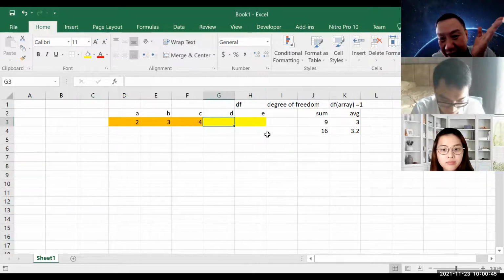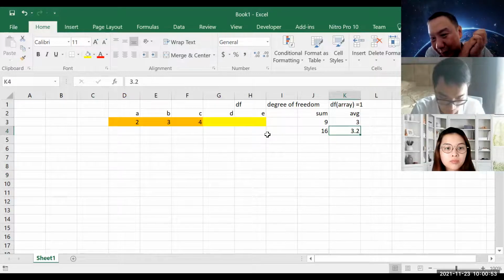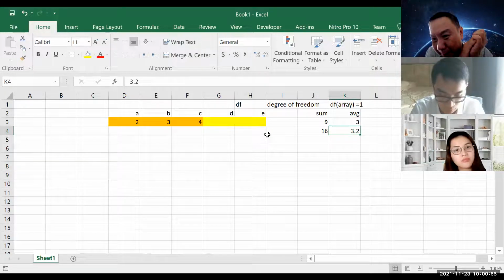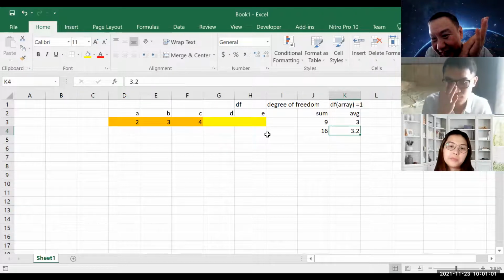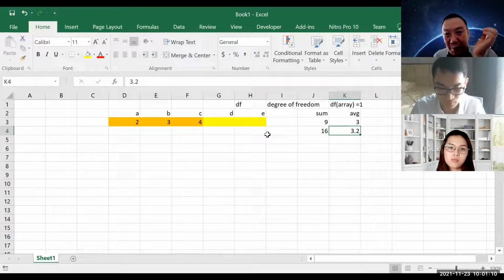What is the value of D and E in here, so that the sum is 16 and the average is 3.2? What would be the value of D and E?